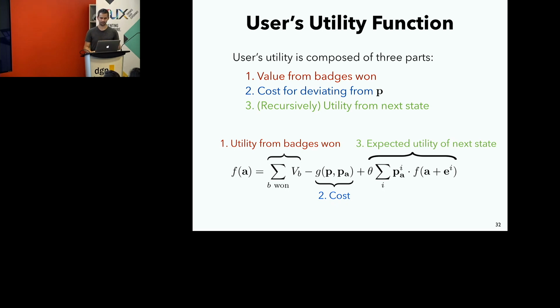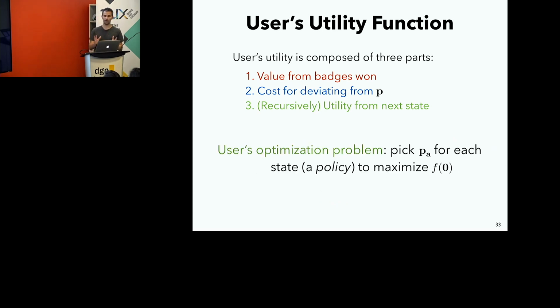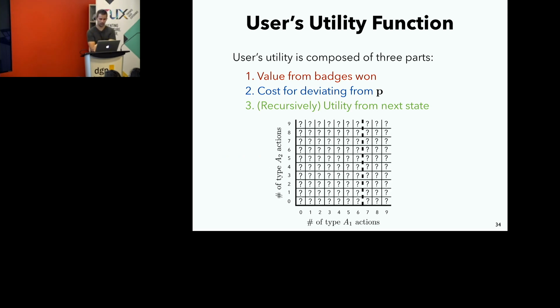All right. So given this very simple model, the user is then faced with an optimization problem. I want to pick directions to move in, given every cell that I could be in, which is what we call a policy, to maximize my utility for being on the site, which is just the utility for being in the origin. So pictorially, it looks like this.